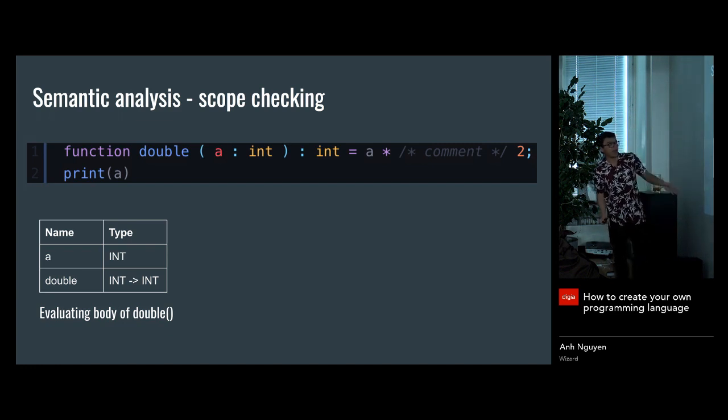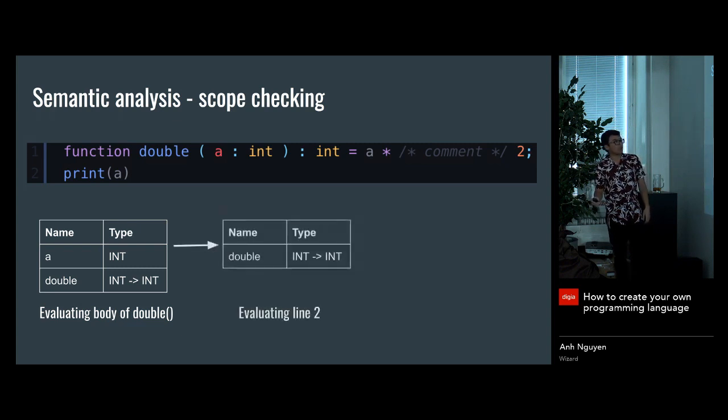When we evaluate the body of the function double, we already have this table by scanning the nodes, and when we see variable A, we know that it's already in the table, so it's okay.